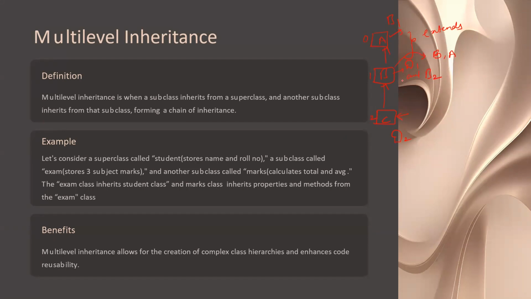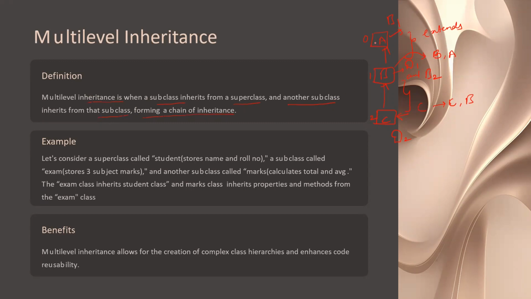Now next point, these are also two classes. B is going to act as your base class and C is going to act as derived class. The object created for your C class is going to access the properties of C class as well as B class. Is it point clear? So now you can see multi-level inheritance is when a subclass inherits from a superclass and another subclass inherits from that subclass, forming a chain of inheritance.